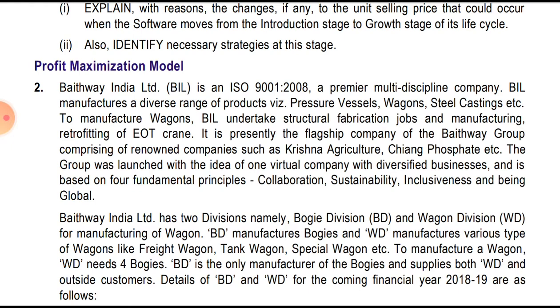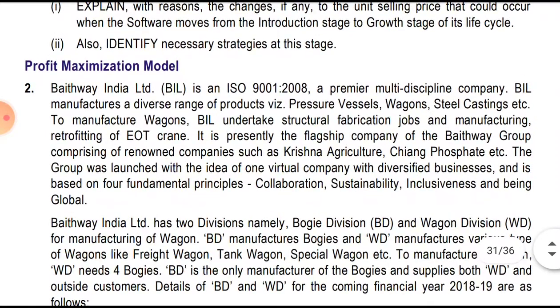It is presently the flagship company of the Bathway Group, comprising renowned companies such as Krishna Agriculture and Chang Phosphate. The group was launched with the idea of one virtual company with diversified business, and is based on the 4 fundamental principles: collaboration, sustainability, inclusiveness, and being global.